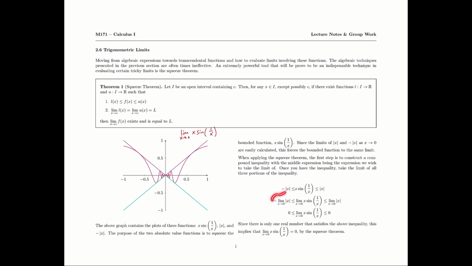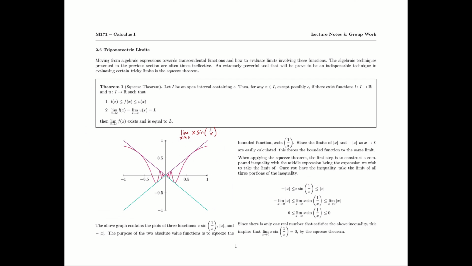It's between the negative absolute value of x, that is this upside down triangle. So sorry, it's above that absolute value, and it's below this absolute value, which is just regular absolute x. So since this graph is always between the two, we can go ahead and write down this inequality.